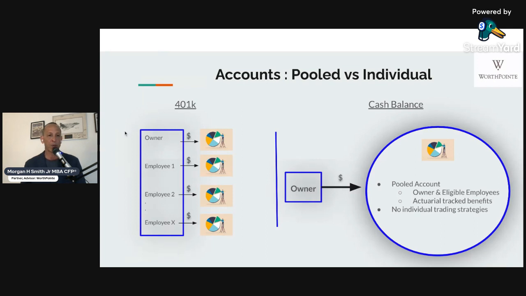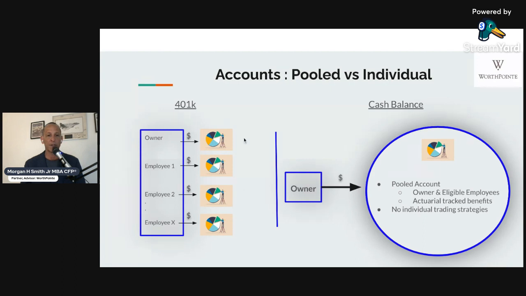So the way this works is you have each participant, the business owner typically and the employees, and each participant is going to contribute a portion of their wages into their own separate 401k account. So each person contributes their own money and they've got their own separate account.